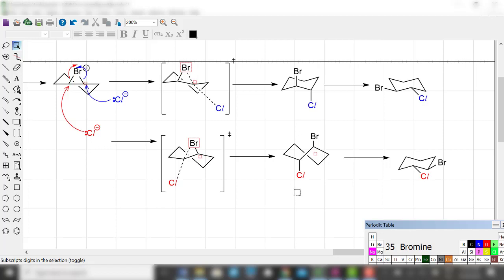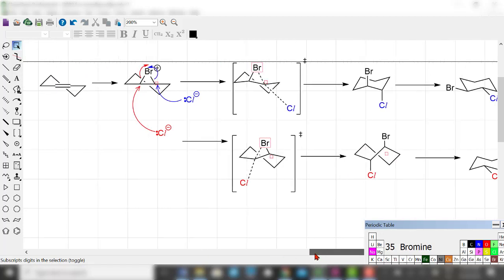So in that case, the differentiating factor here will be a chair-like transition state versus a twisted boat transition state. So if I'm going to have a cyclohexene conformation that looks like this, I would expect this pathway to dominate over this.